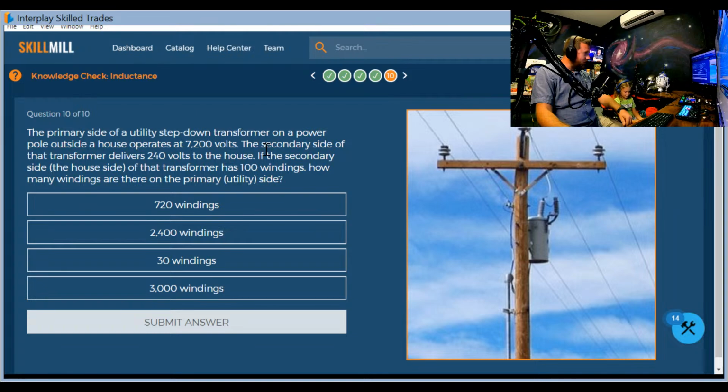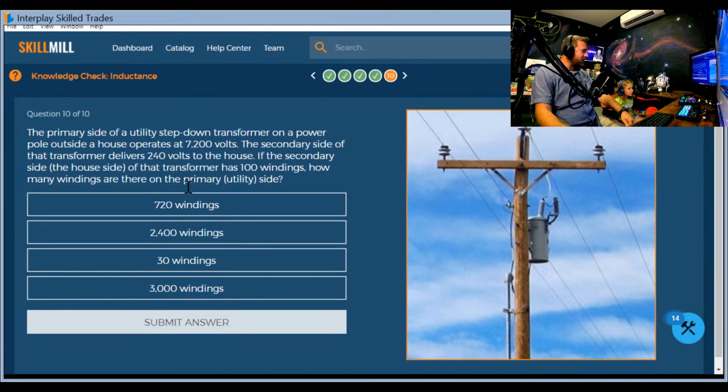The secondary side of that transformer delivers 240 volts to the house. If the secondary side, the house side, has 100 windings, how many windings are there on the primary utility side? What do you think the answer is?